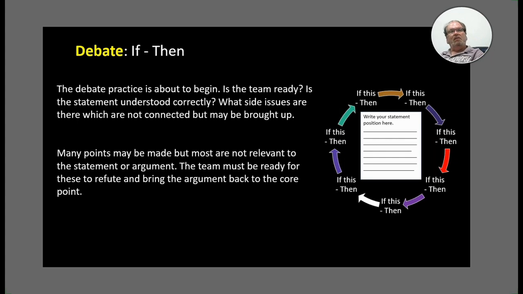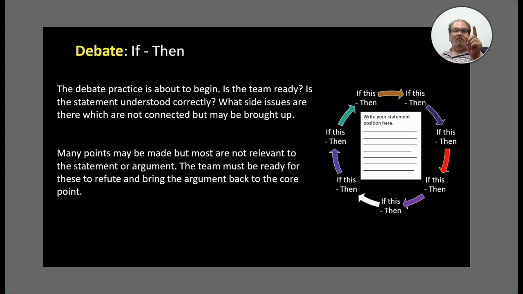So that's where the if-then comes in. If you put your statement in the center, if this is true, then this cannot be true. That's where you start. The second person says, if this, that's the opposing, right?